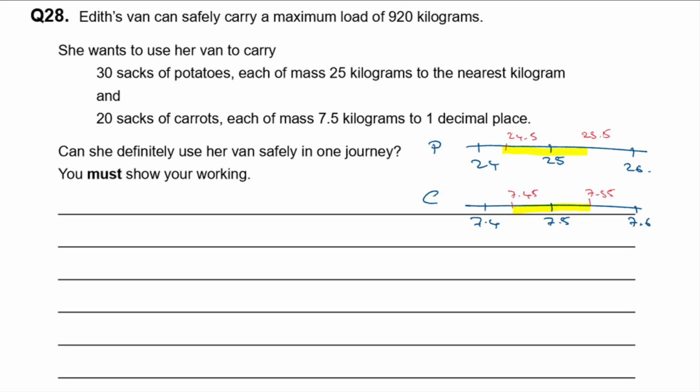So the upper bound is going to be equal to 30 sacks of potato, 30 lots of the upper bound of P, 25.5, plus 30 sacks of carrots, and again we're going to use the upper bound here, 7.55, aren't we? Worst case scenario. So the worst case scenario here is they're all at the heavy end of their range.